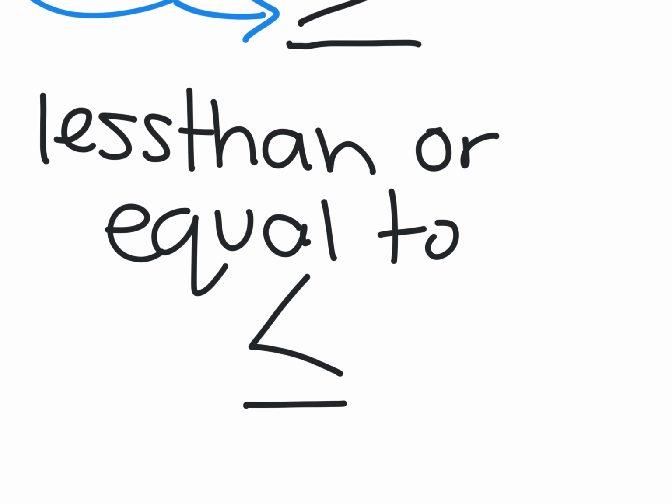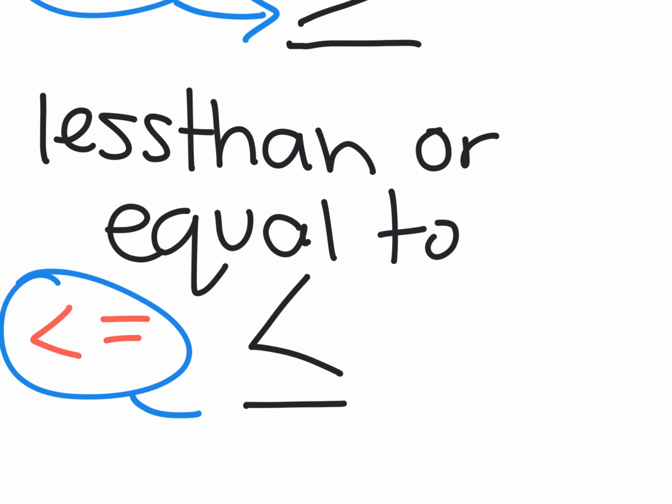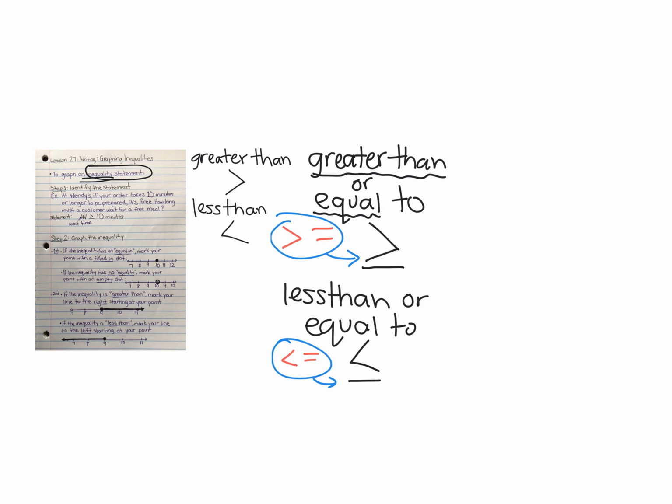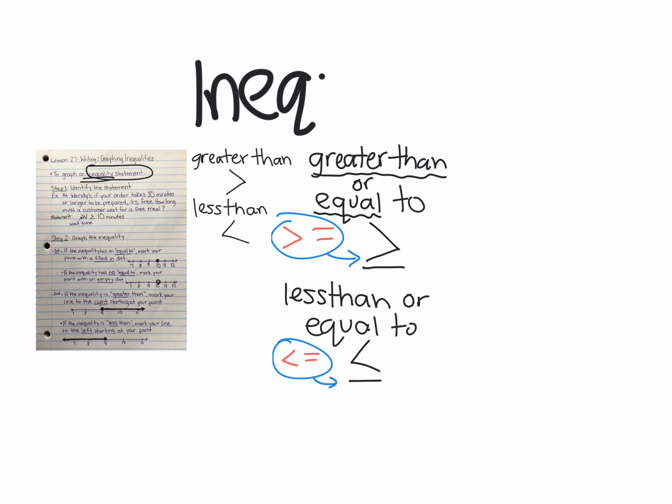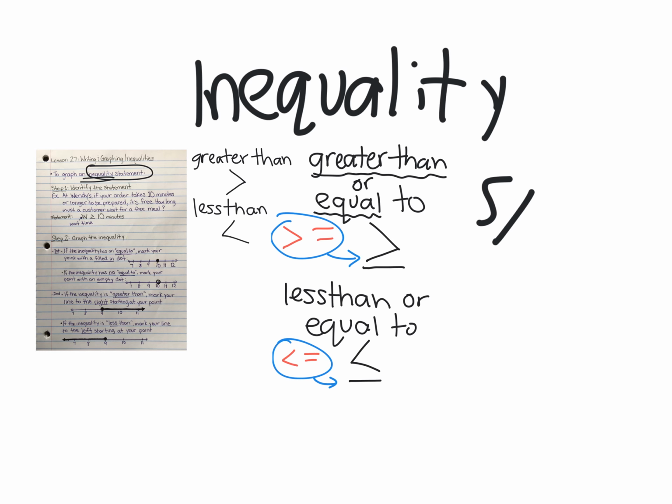And that's sort of referring to a less than sign and an equal sign coming together and becoming less than or equal to. So those are the 4 signs we're going to be working with to show our inequality statements. So remember, the title for those is the inequality symbols. Alrighty, so we've got to know those before we can do anything.